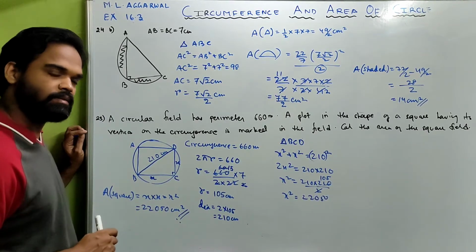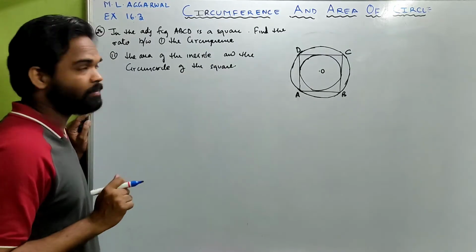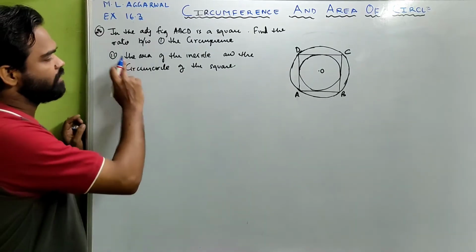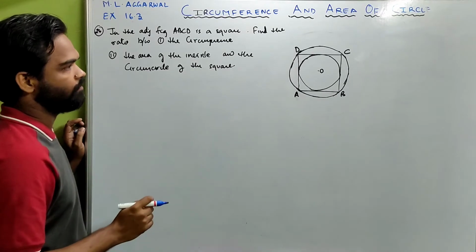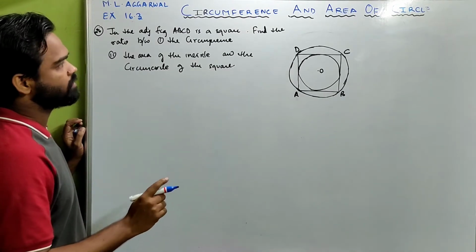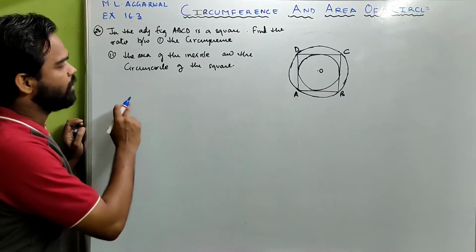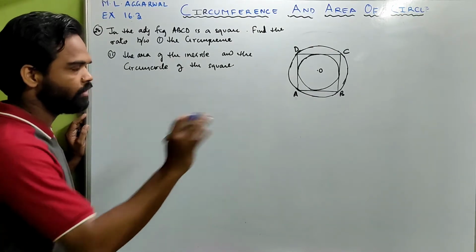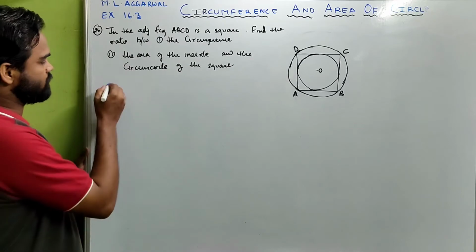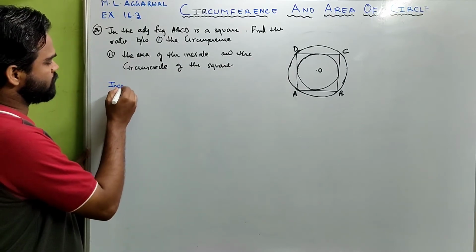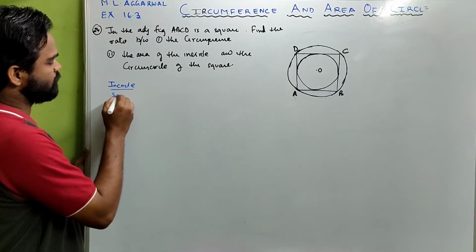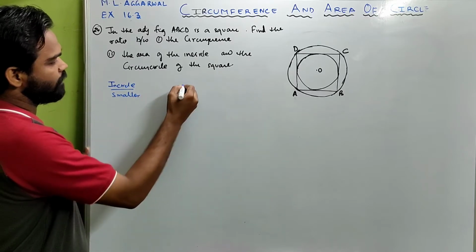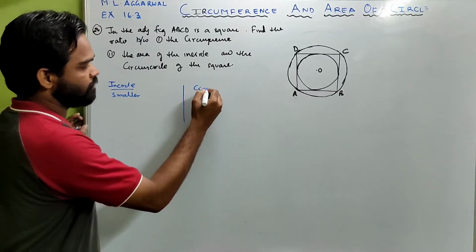Now let us look at the next sum. Now look at sum number 26, very interesting. In the adjoining figure, ABCD is a square. Find the ratio between, number 1, the circumference, number 2, the area of the incircle and the circumcircle of the square. Now there are two circles. Incircle, which is the smaller circle, okay, and there is a circumcircle.